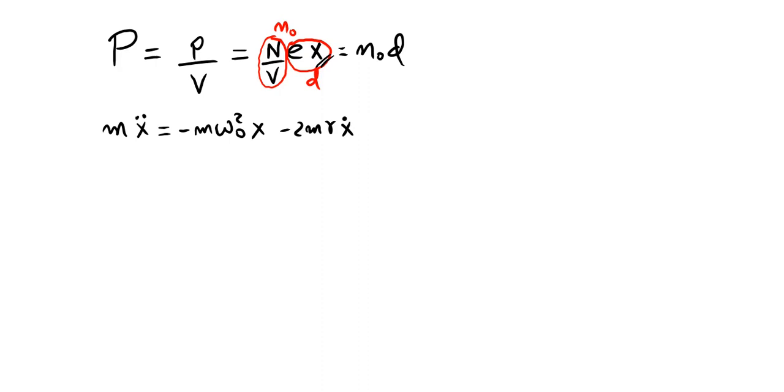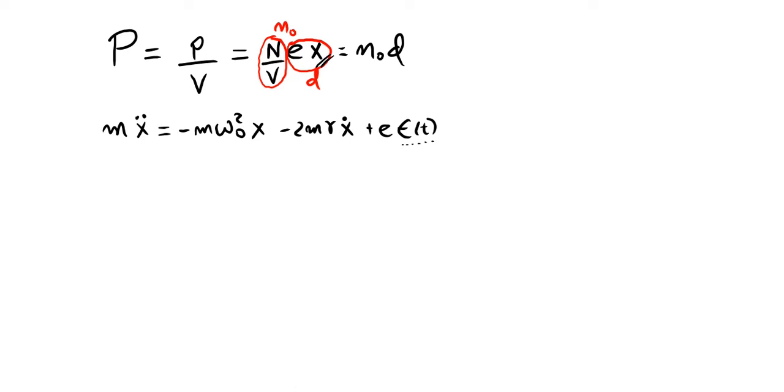And I'm going to add a force that comes from the electric field of the light. So this is going to be something like the electron charge multiplied by the electric field of light, E of t, right? So now I have this x that is a function of time, and I have this electric field from the light that is also a function of time, right?